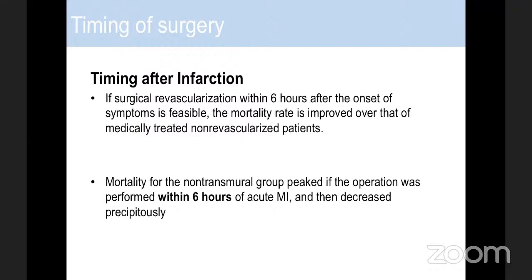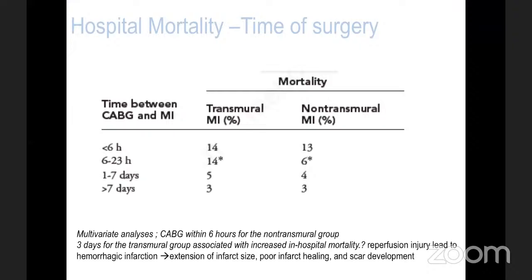Surgical revascularization within 6 hours after the onset of symptoms is feasible, and the mortality rate is improved over medically treated, non-revascularized patients. Now let's look at mortality for the non-transmural group.